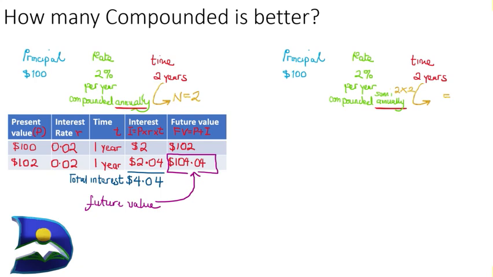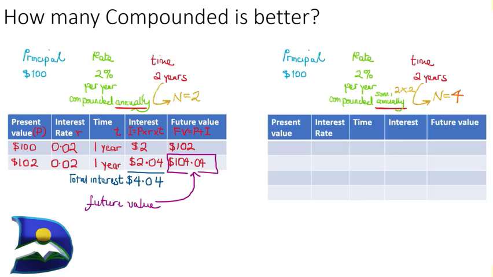If you have 4 times, it means that you are going to have 4 rows in your table, and this means that you're going to perform the simple interest 4 times, starting from the present value to the future value, and the future value of the original becomes the current present value.